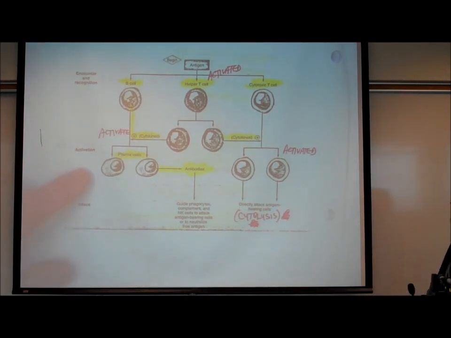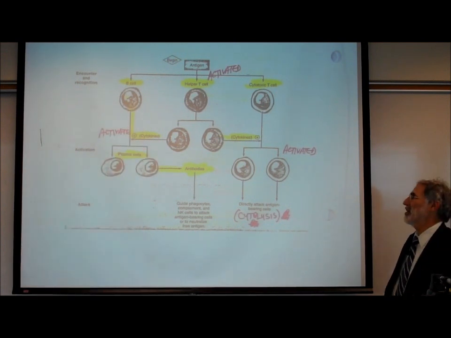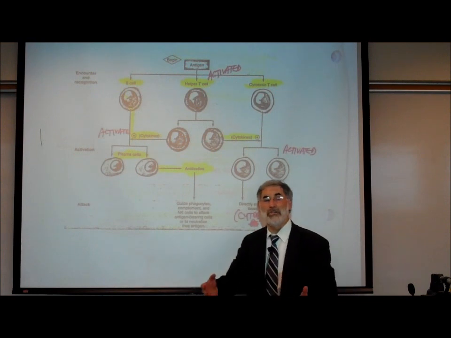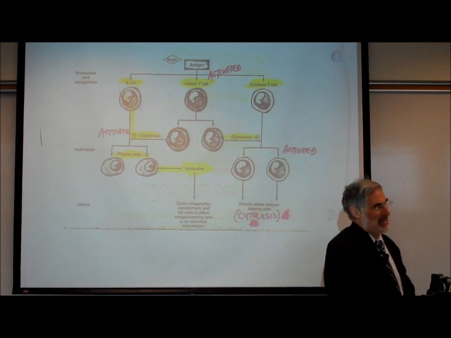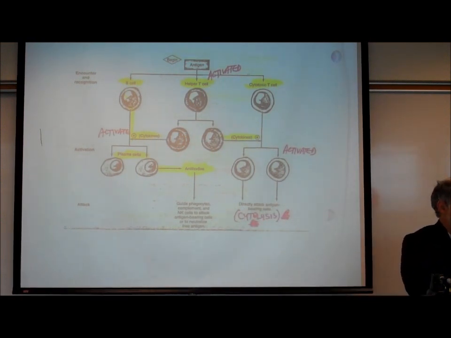Now technically, as you will learn in micro, when a B cell has been activated, they change its name and call it a plasma cell. We've already told you what antibodies do. Antibodies cause precipitation and agglutination and opsonization and lysis.